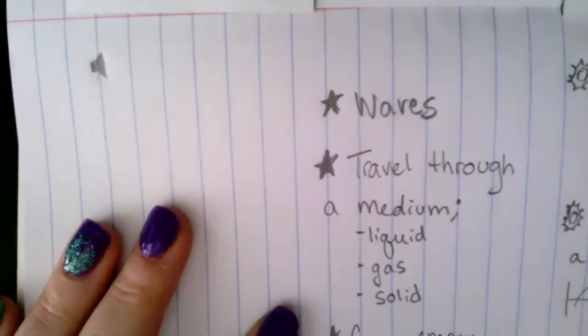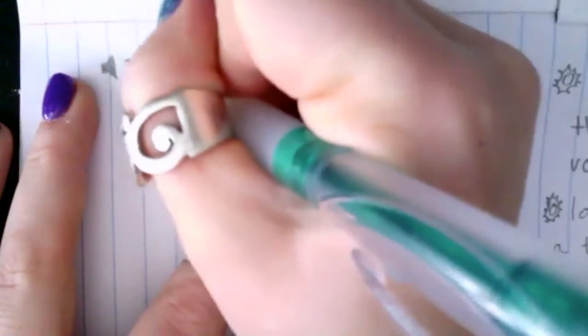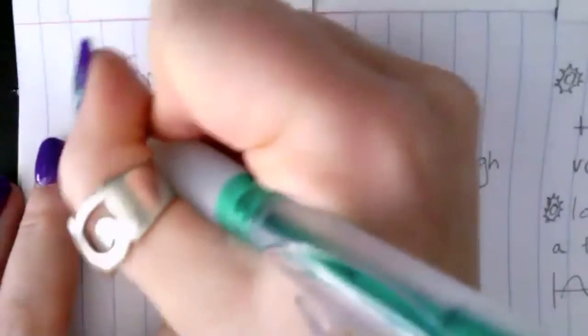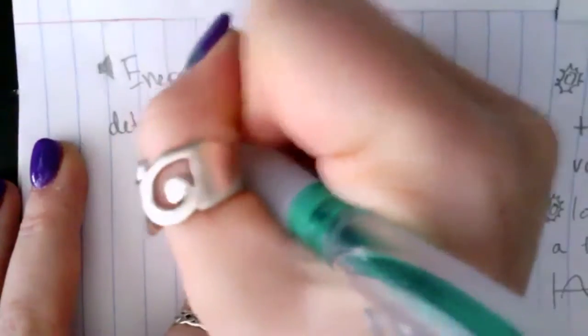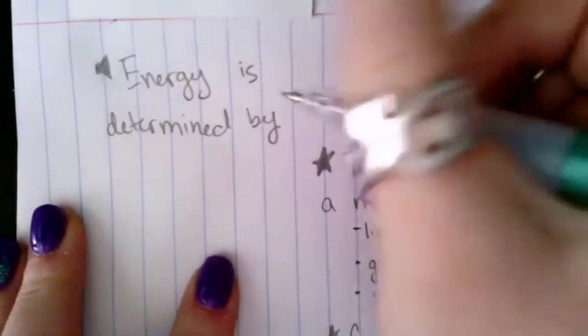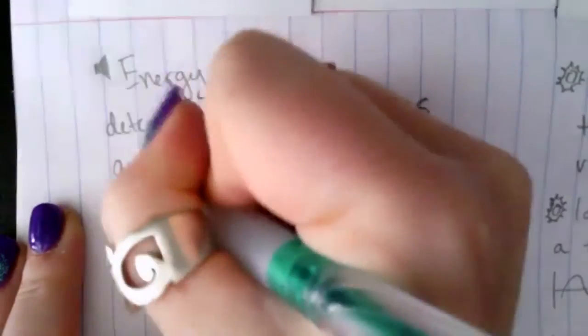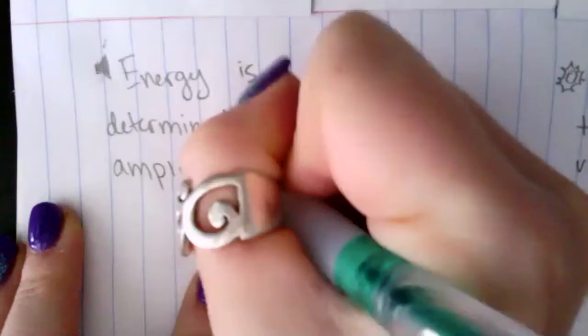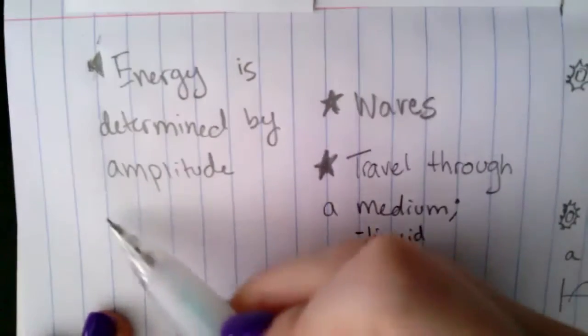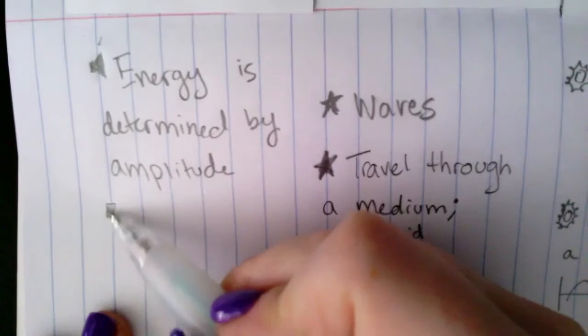One of the differences between light and sound is that the energy is determined by amplitude. The energy is determined by the amplitude.